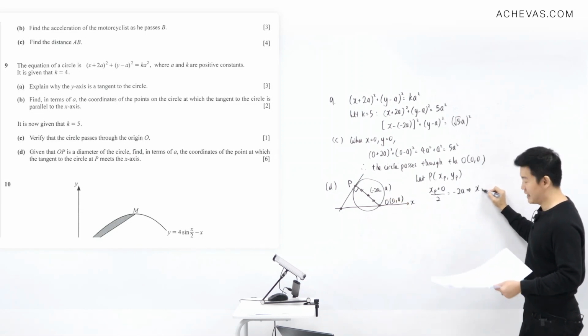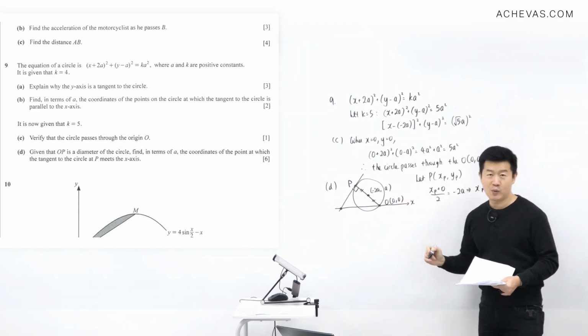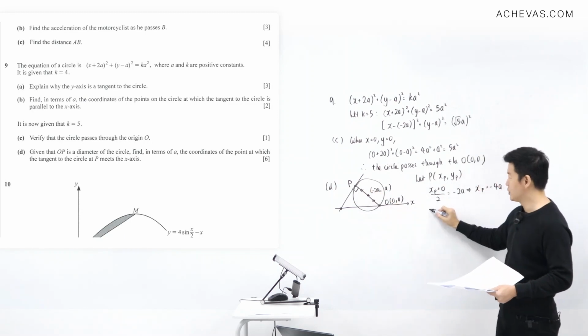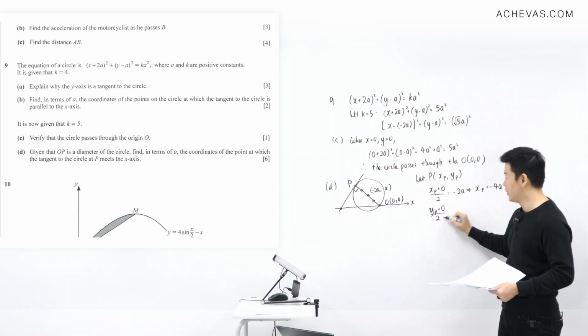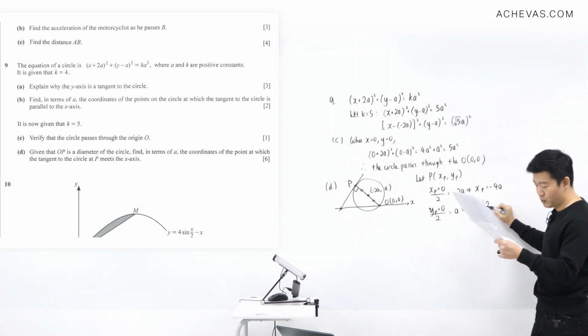This tells me that xP is equal to −4a. I can do likewise for the y coordinates: (yP + 0)/2 is equal to a. This tells me that yP is equal to 2a.